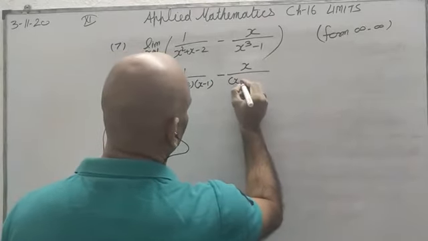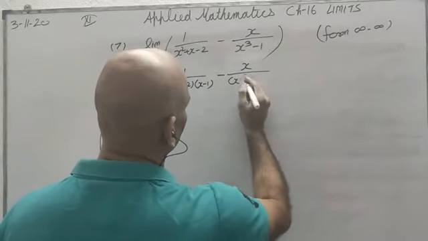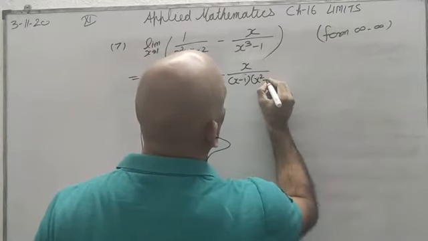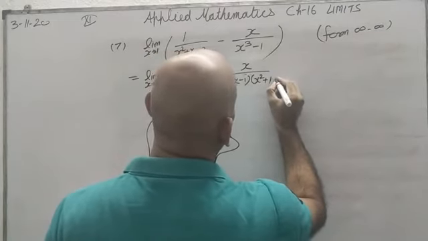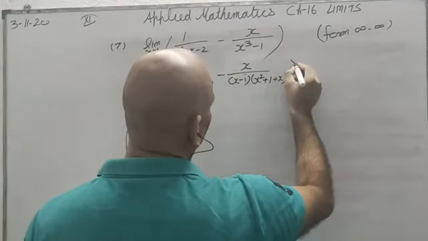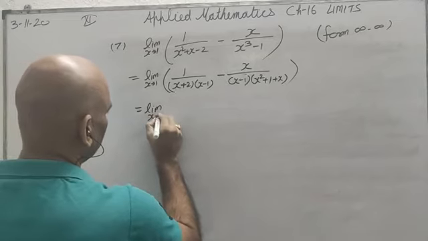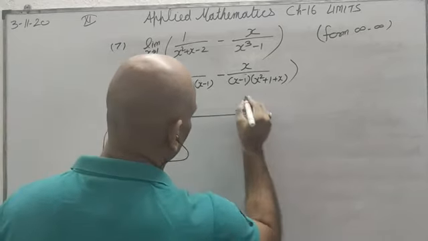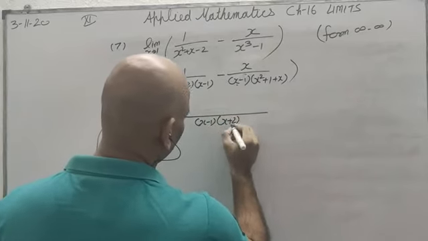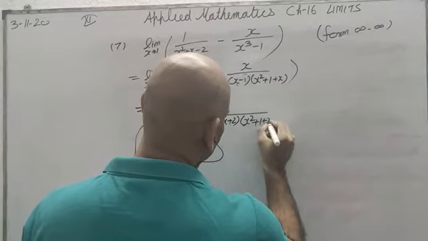X, this is x plus x minus 1, sorry, x minus 1, and then it is x square plus 1 plus x. Okay. Now let me take the LCM. So the LCM will have x minus 1 once, x plus 2, and x square plus 1 plus x.